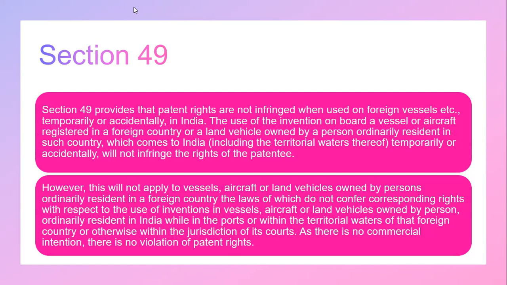This is a little bit confusing, but there are two parts. First, the patent right will not be infringed if it is being used on a foreign vessel which is temporarily or accidentally in India. But the exception is that this section will not apply if the foreign country to which the vessel belongs does not offer reciprocal rights to Indian people. I hope I'm clear here.